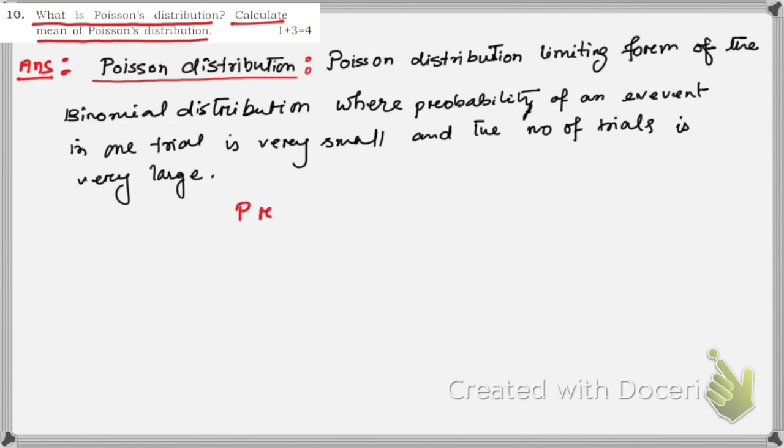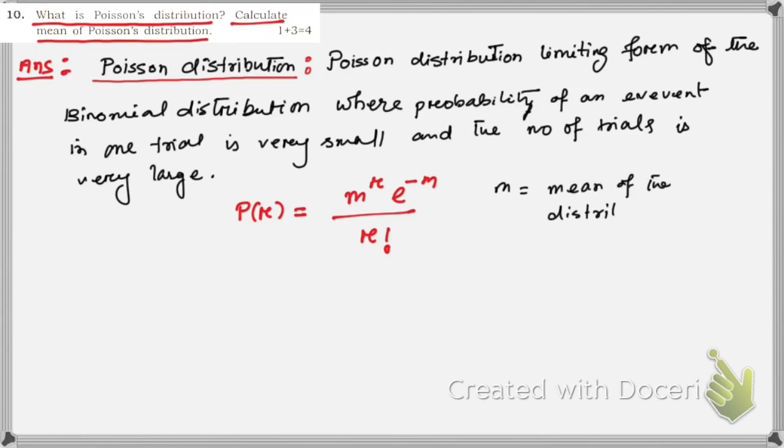The expression is given by P(r) = m to the power r e to the power minus m by r factorial. These are the meanings of the terms used here, right?